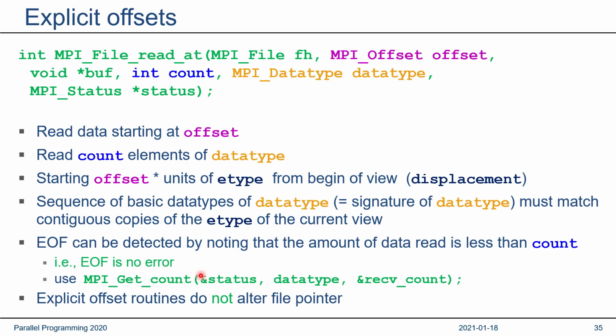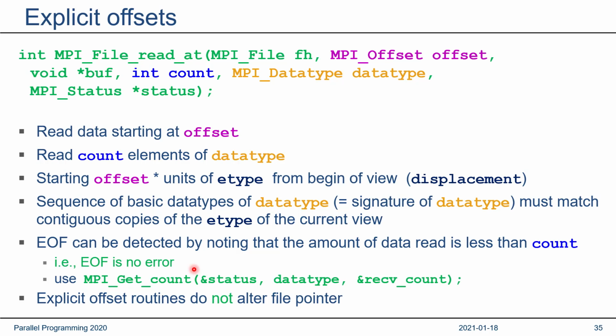You specify that for MPI_Get_count and the data type, and then the receive count contains the actual number of elements read. This means that the standard end of file condition is not flagged as an error. So this is an important difference in behavior. The end of file has to be detected by checking the actual amount of data read.